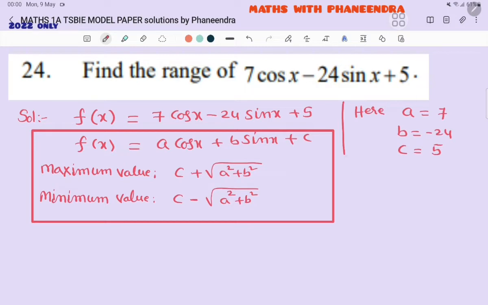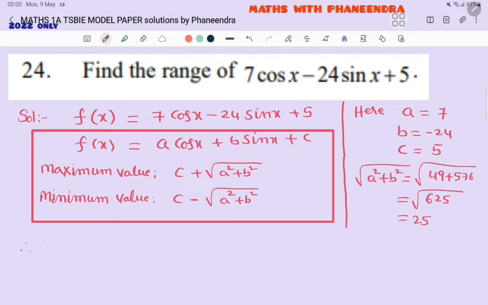So calculate the value of root of a square plus b square also. So a square, 7 square means 49, plus b square, minus 24 whole square, 576. So root of 576 plus 49, that means 625. Root 625 is 25.